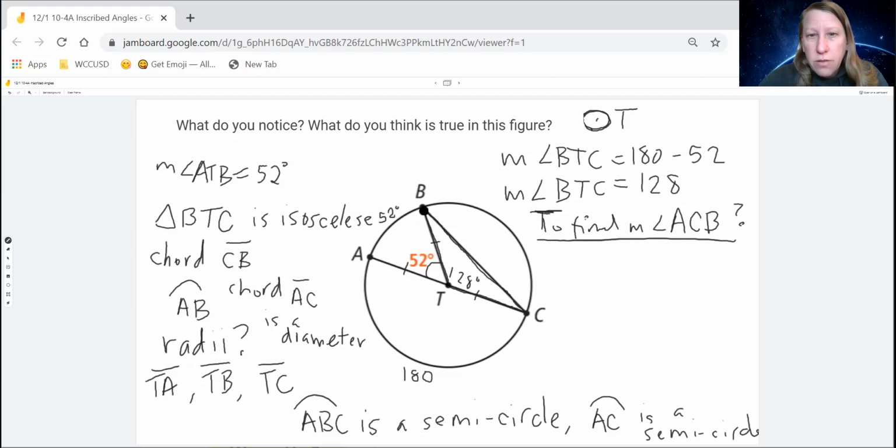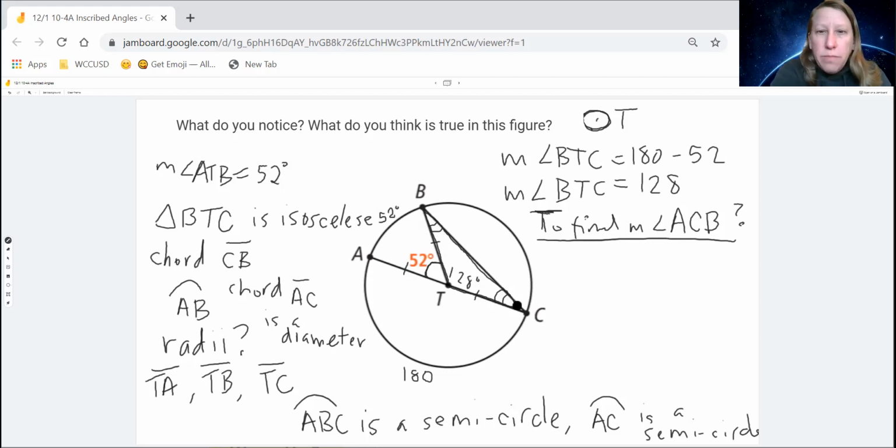Okay, so there's a couple ways to think about it. If we know these three add to 180 and these two add to 180, then this one here and this one here have to add up to 52. Another way, if you remember the exterior angle theorem, you know that the exterior angle, 52, is equal to these two added together.